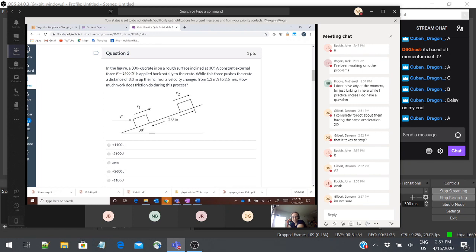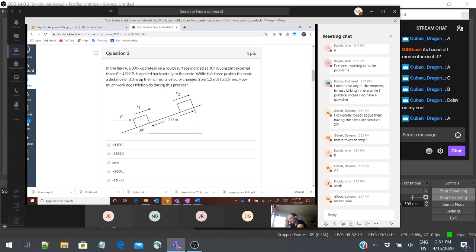You're not sure. Okay. So you've got this picture, you've got a lot of stuff going on. There is sort of a hint here, which is the question asks, how much work does friction do? So work is probably the right approach. You could essentially do this problem using forces and kinematics if you wanted to. Work is almost always interchangeable with forces and kinematics. But the fact that the question says how much work does friction do is kind of a hint, right? That they want you to do the work tactic.